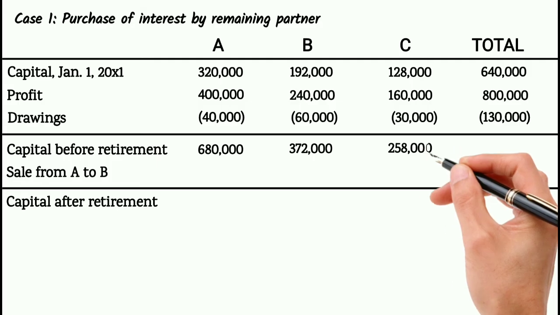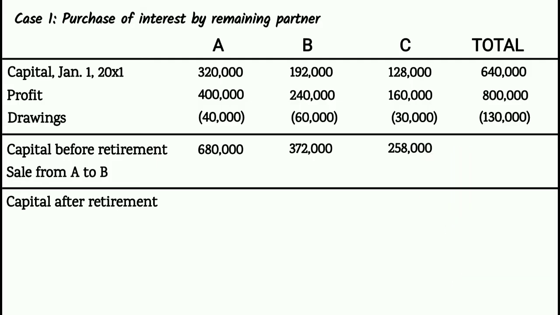That is equal to 258,000 pesos. All in all, the total capital balance before retirement is 1,310,000 pesos.